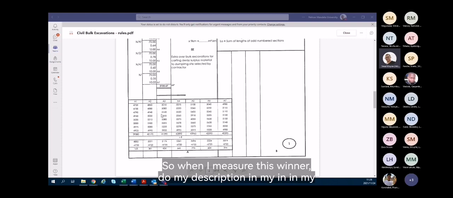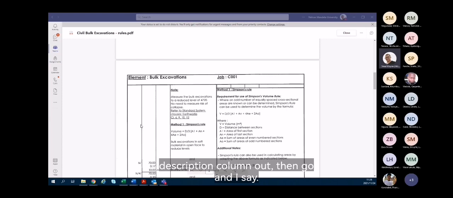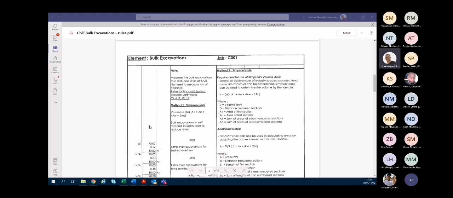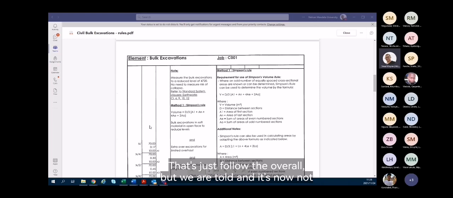So when I now measure this, in my description column, I'll say bulk excavations in soft material in open face to reduce levels, and extra over excavations for limited overall. But we are told, and it's not written in there, that we need to ensure that this gets hauled 9 kilometers away.